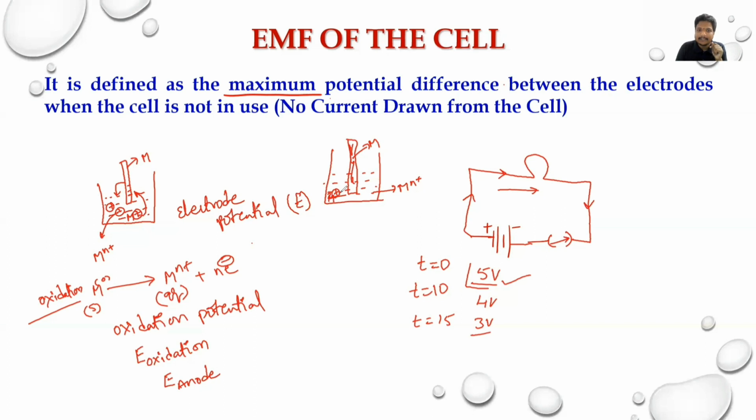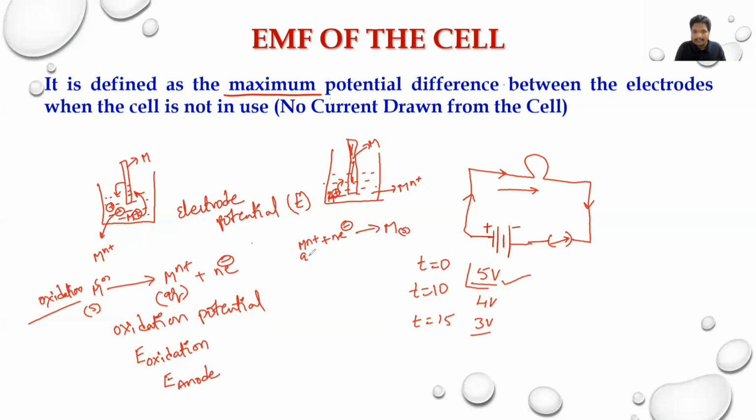It means this M^n+ is accepting electrons and will be converted into metal, which is a solid metal.